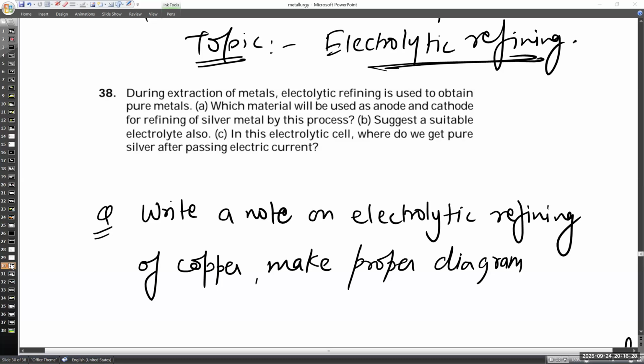Which material is used as anode and cathode during the refining of silver? So can you tell me what is the option? What is the answer for A? Which material will you use? For anode, impure silver rod. Okay, and for this one? Cathode, pure thin silver rod.